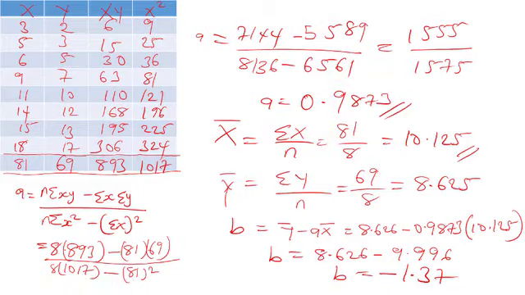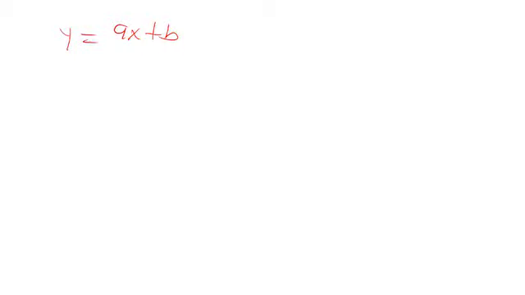Okay, let's finish. Let's get our formation first before we now know how to finish our line of regression. So we now have it as y is equal to ax plus b. This is our normal equation for the regression line. So what we need to do at this point is to bring down our terms that we've calculated. Our b was equal to minus 1.37.